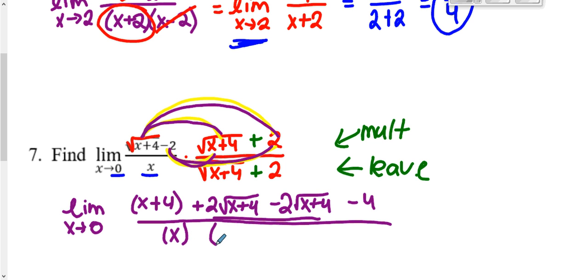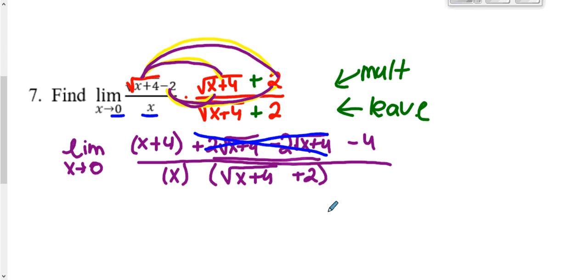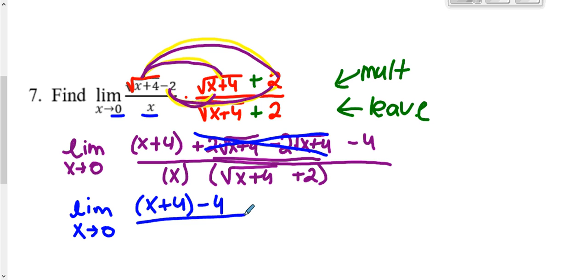One group is x, the other group is the square root of x plus 4 plus 2. So on the top, these 2 terms cancel each other out, and it becomes the limit, still the limit. We are not plugging in 0 yet, so we need to write the limit. x plus 4 minus 4 all over x times the square root of x plus 4 plus 2.